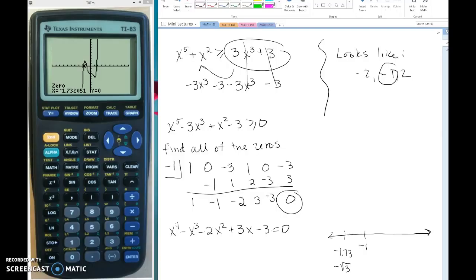Then we would find this 0 over here, and to do that on the calculator, remember you would do second calc, zero. Sorry, this thing's being buggy.